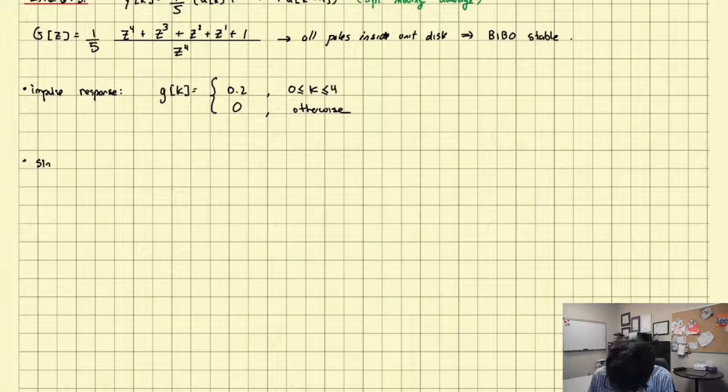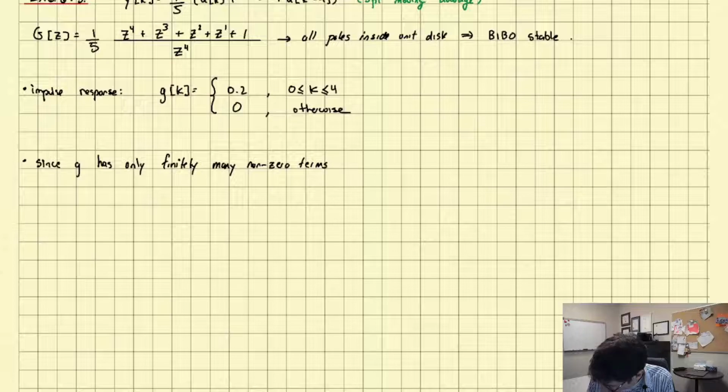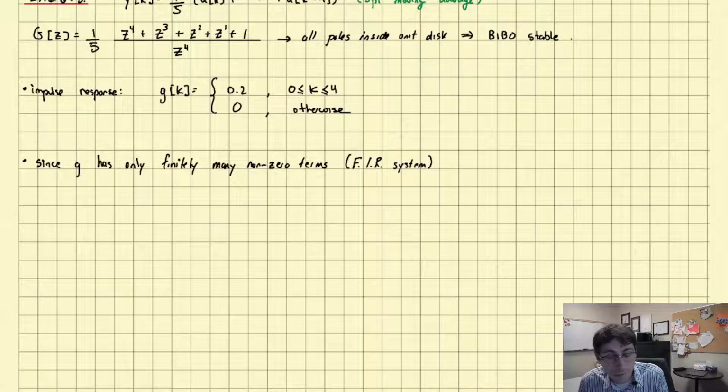So since G has only finitely many non-zero terms, and again, this is called a finite impulse response system, of course, when I take the absolute value of those terms and I add them up, I'm going to get a finite number.